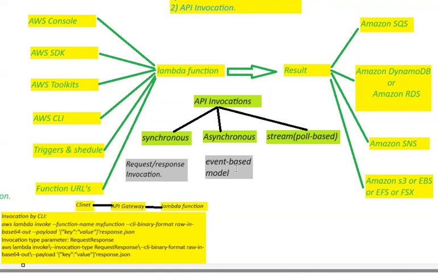If you take an example of S3, whenever an object file is put in S3 and we want to invoke a Lambda function, we can invoke it, but we don't get a response back.